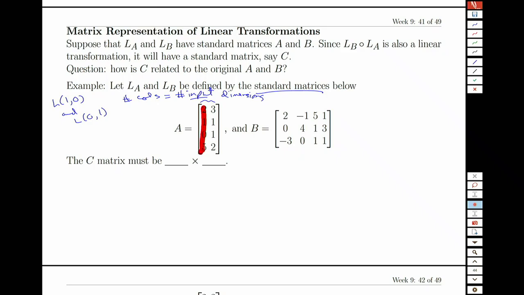The columns are what you get when you transform the archetypal basis vectors for your input space. If there's only two columns, that means there was only two basis vectors to work with. The output values are in the columns. So the number of rows, it's the length of each column. The number of rows is equal to the output dimension.